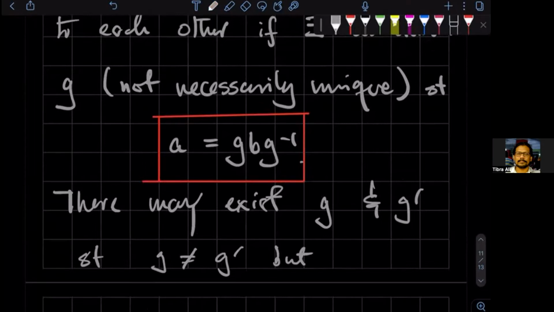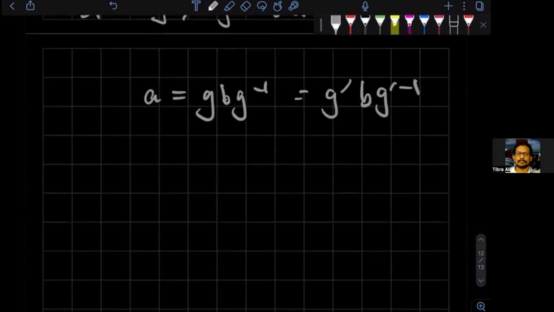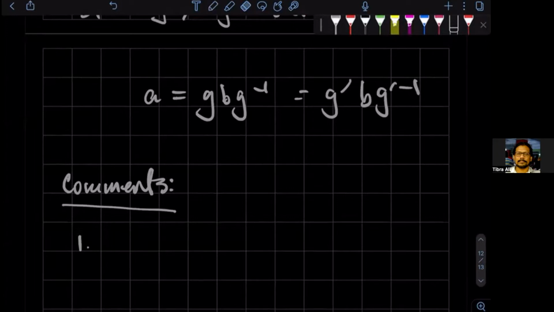So let's make some comments about conjugation. First one is that conjugacy is an equivalence relationship.